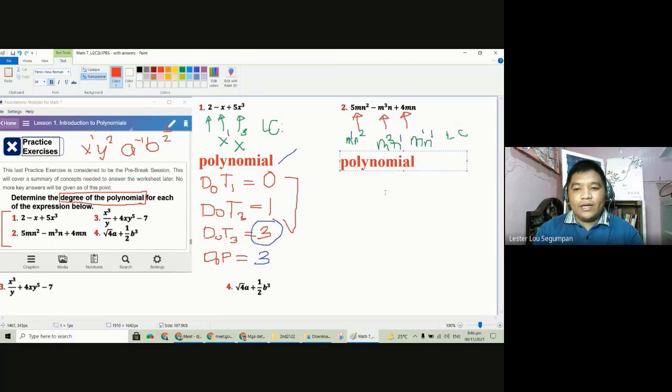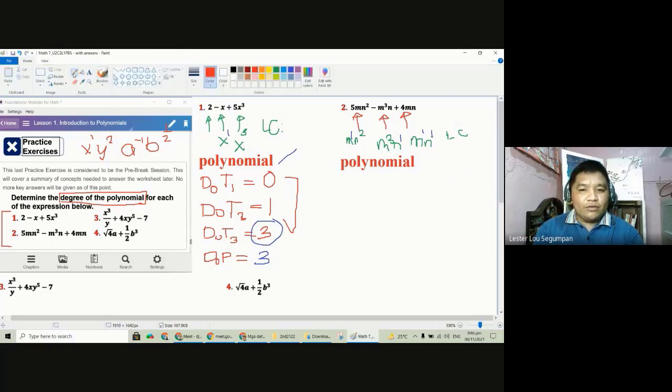After determining that this is a polynomial, we can now draw down the degree of each term. Since we have three terms, as it is an example of a trinomial algebraic expression, we can get three degrees of a term, which will help us decide the degree of the polynomial.